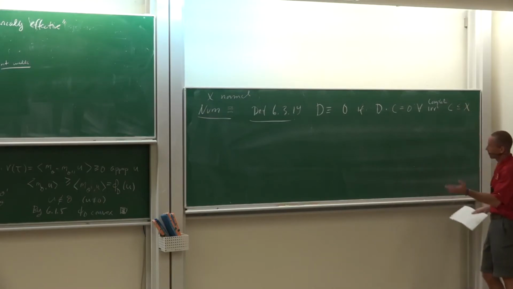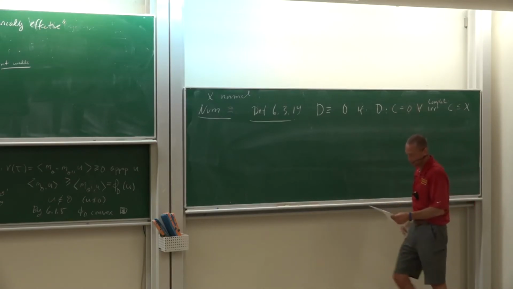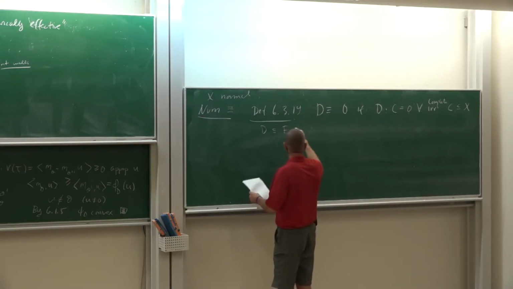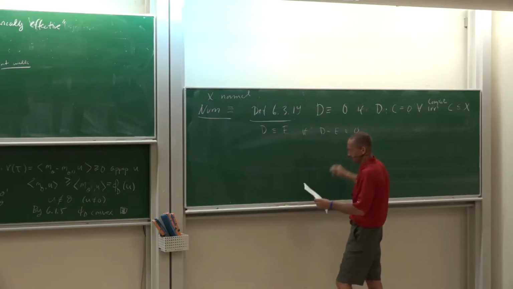So for every curve, when I do the intersection pairing with D, I get 0, and D is numerically equivalent to 0. The numerical is just because this is a numerical condition, right? And so D is numerically equivalent to E if D minus E is numerically equivalent to 0.